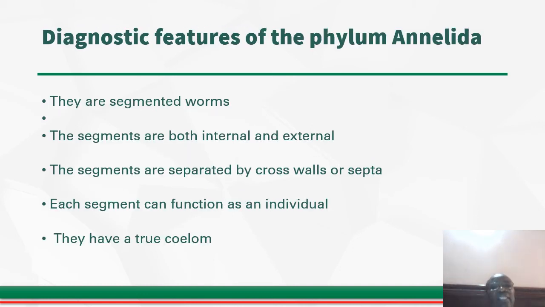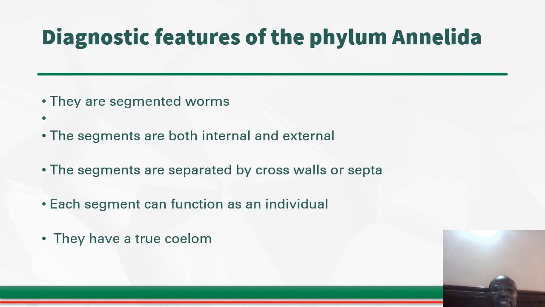What are the diagnostic features of the phylum Annelida? That is, when you see certain features in a worm, then you can recognize it to be a member of Annelida. So what are some of these features that you can use to recognize the phylum? As we have said, the members of Annelida are segmented worms, and the segments are both internal and external.